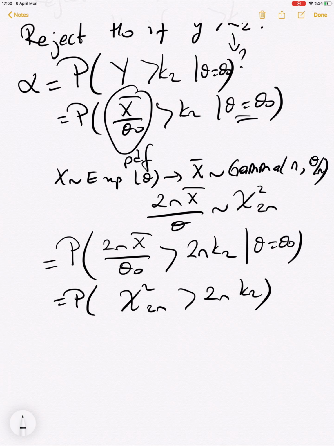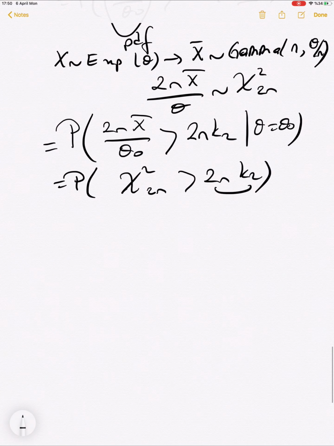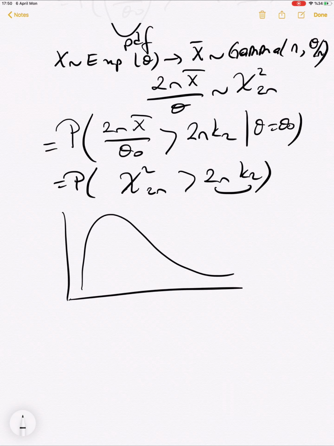2n k2. So now I have to find the value of that. So consider a chi-square distributed random variable here, chi-square 2n, and I want to find the value 2n k2 where the probability that my chi-square random variable is greater than that gives me this alpha, a very small probability.